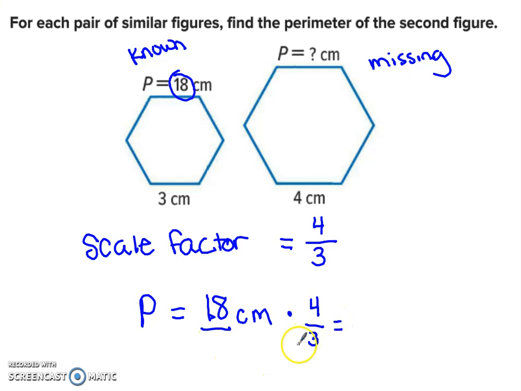Or you can factor a 3 out of both the top and bottom. So we have 1, and here becomes 6. So then we have only 6, an easier number to work with. 6 times 4 is 24 centimeters. If you put this in a calculator and did 18 times 4 and then divided by 3, you would still get 24. So this is 24.